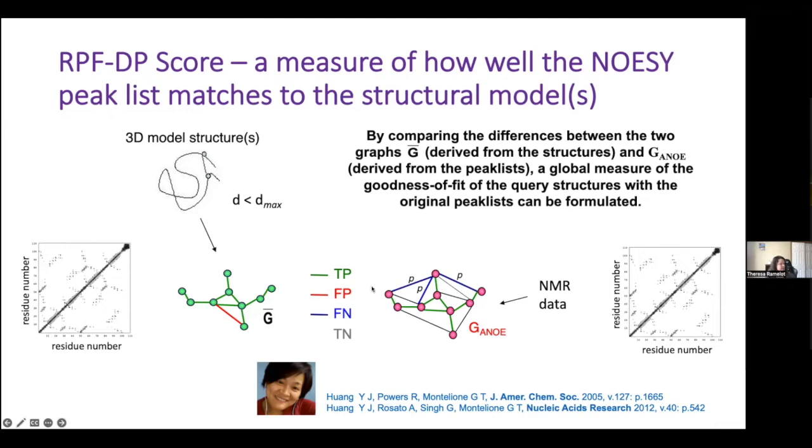And so the next thing you do is you also take your NMR data and you make your graph of your ambiguous NOE network. Now again, all these red circles are your protons from the resonance assignments, and the edges that connect them are all the potential NOEs from the NOESY peak list.